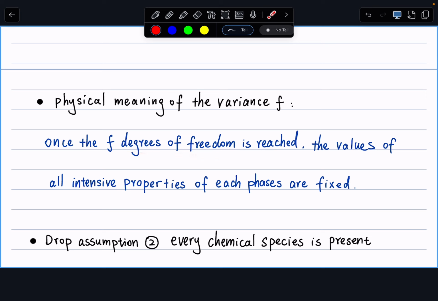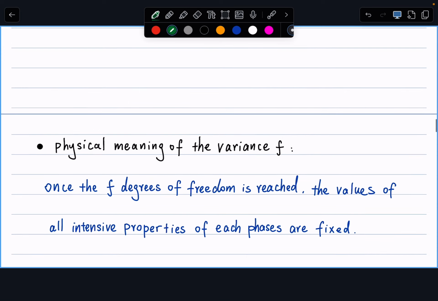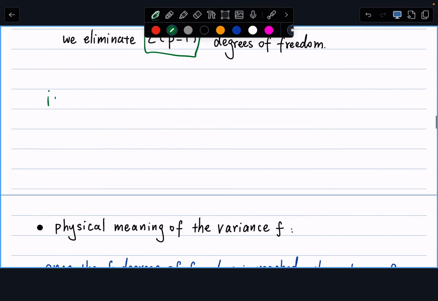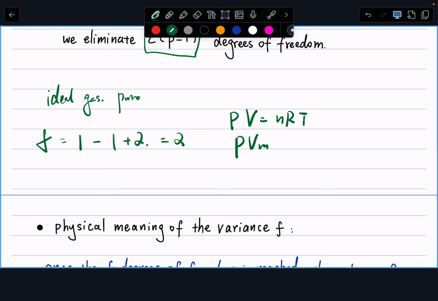All right, and again, let's think about the ideal gas law, right? So when we have a pure ideal gas, what is my C? My C is 1, my P is also 1, and I have 2 degrees of freedom that I need to describe all the intensive state of my ideal gas. So in my ideal gas, what do we have? We have PV equals nRT, or P V_m equals RT.